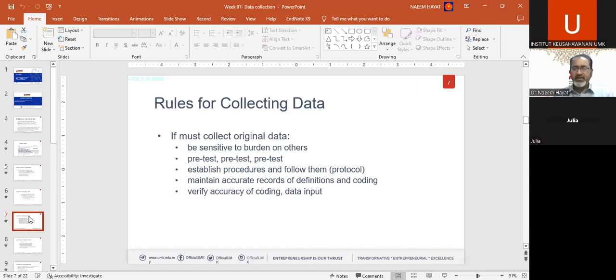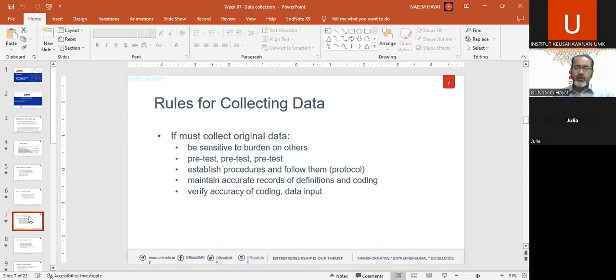When we are designing, we may go to an ethics committee within the university or the department, then go for a professional review, then pre-test at a small size, 30 or 30 plus sample size. Then you are able to have a clear picture of whether the data collection instrument is good enough to go for larger data collection.